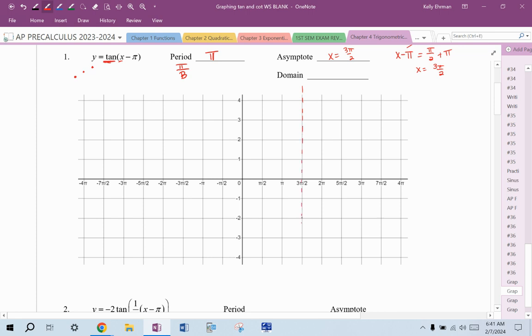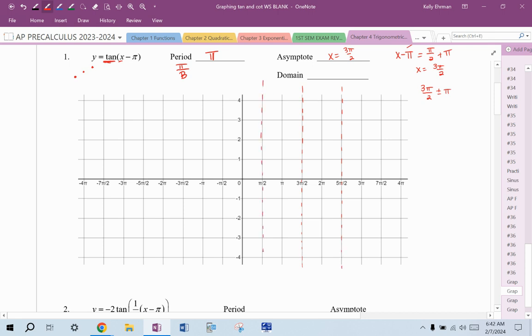So I'm going to draw that in. And then the next asymptote, either to the left or the right of this, is going to be pi units away. So you can either calculate that mathematically, 3 pi over 2 plus or minus pi, or you can take note that pi is 2 units, so you can just say, okay, 2 units over to the right will be another asymptote, or 2 units to the left.